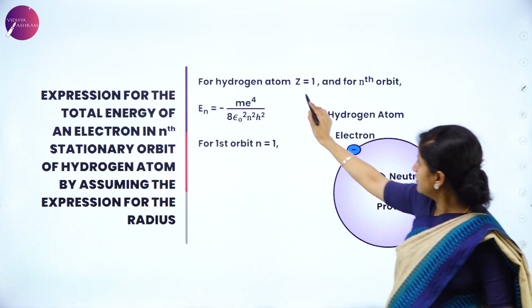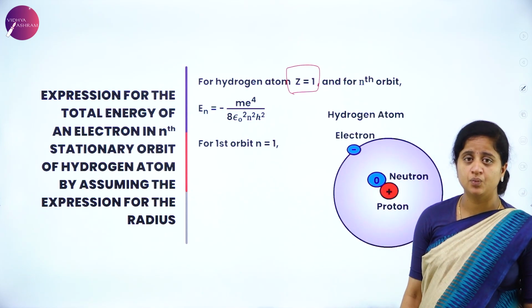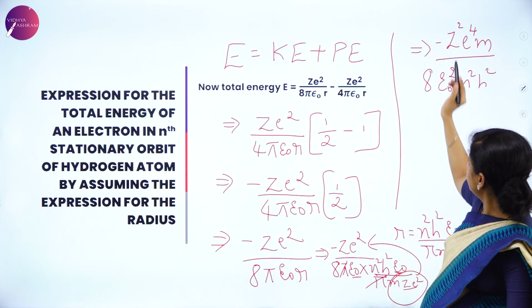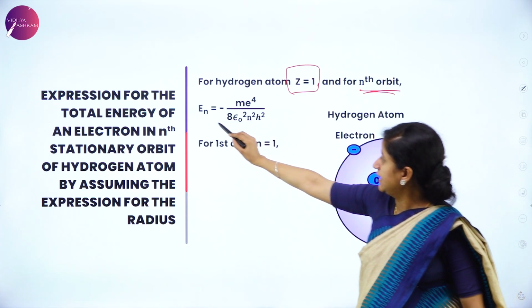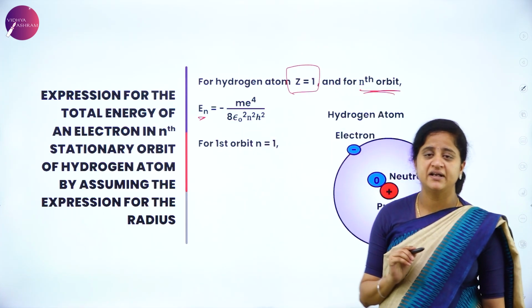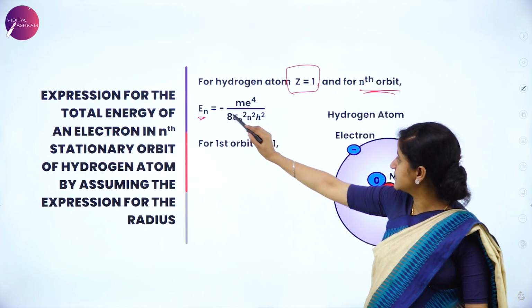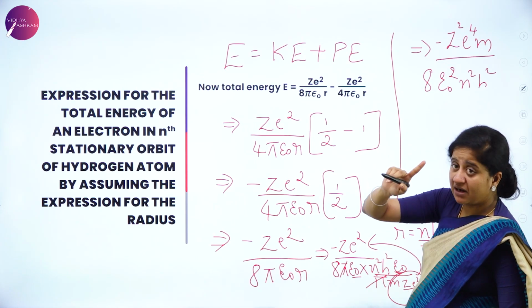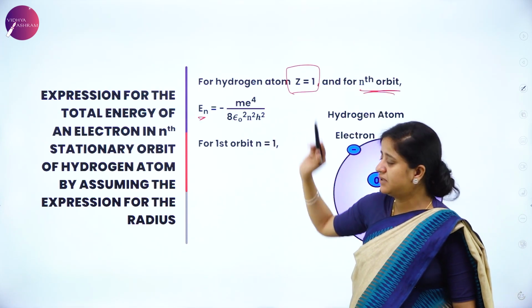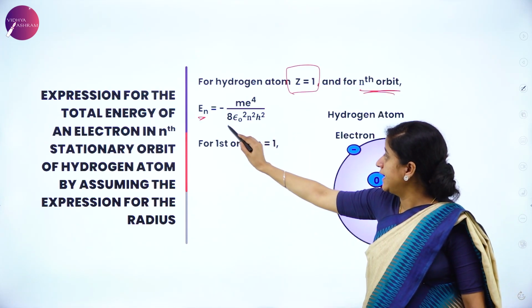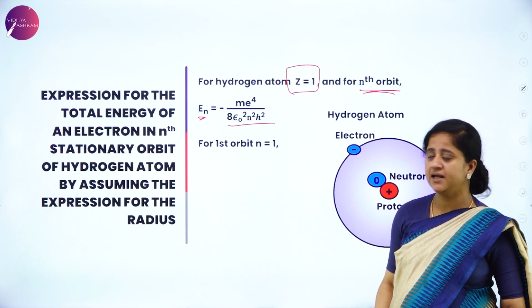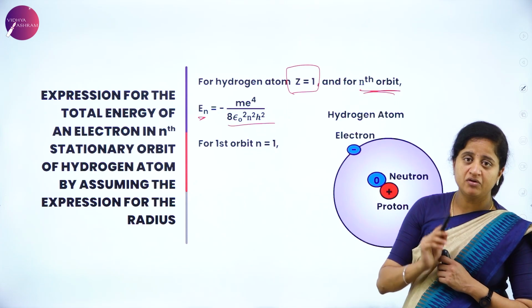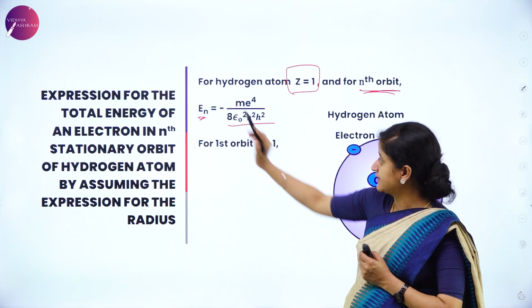Now for the hydrogen atom, Z is equal to 1, and for the nth orbit we can write the same expression as En, that is the energy of an electron in the nth orbit, which is equal to minus Z. In place of Z, I am substituting the value of 1, and we get m e power 4 divided by 8 epsilon naught square n square h square. Now for the first orbit, if the value of n is equal to 1, how do we write the same equation?